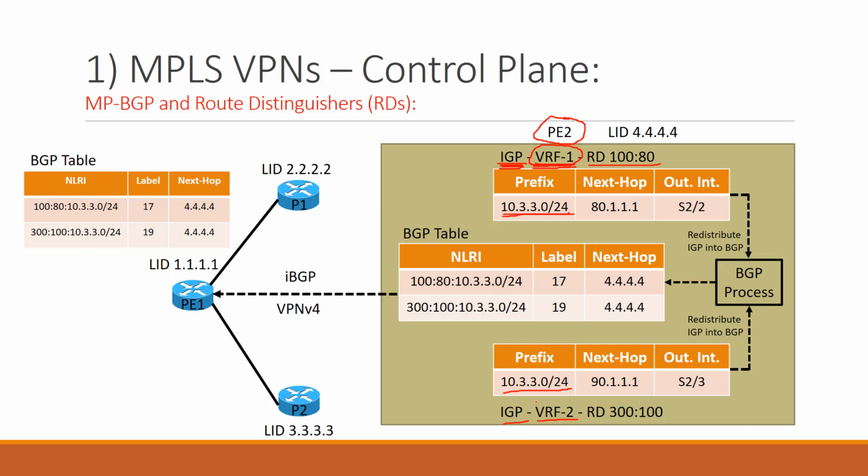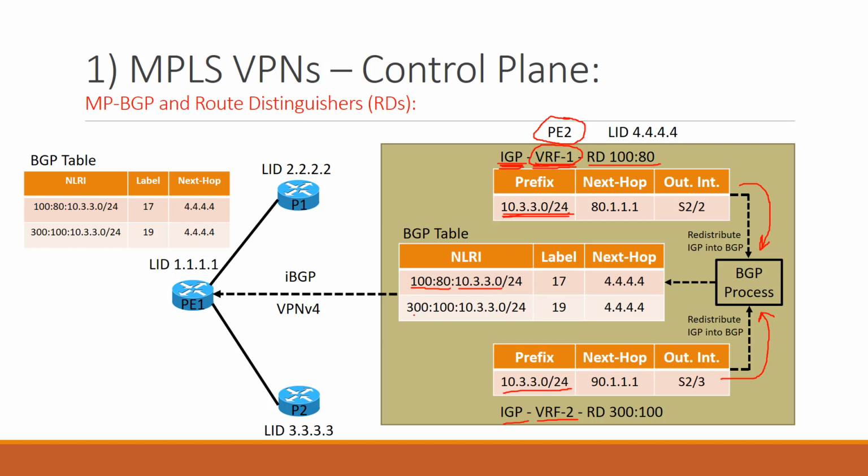Actually, this instance of the IGP should redistribute these learned routes inside BGP. So this learned route should be redistributed into BGP. Now BGP will have two routes with the same prefix or NLRI. So that's why we use the new format with MP-BGP, which is the route distinguisher and the IP prefix.